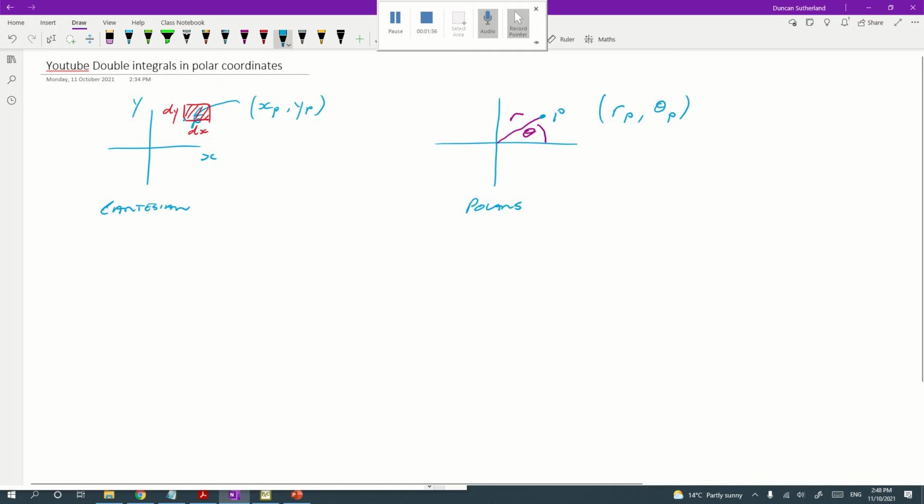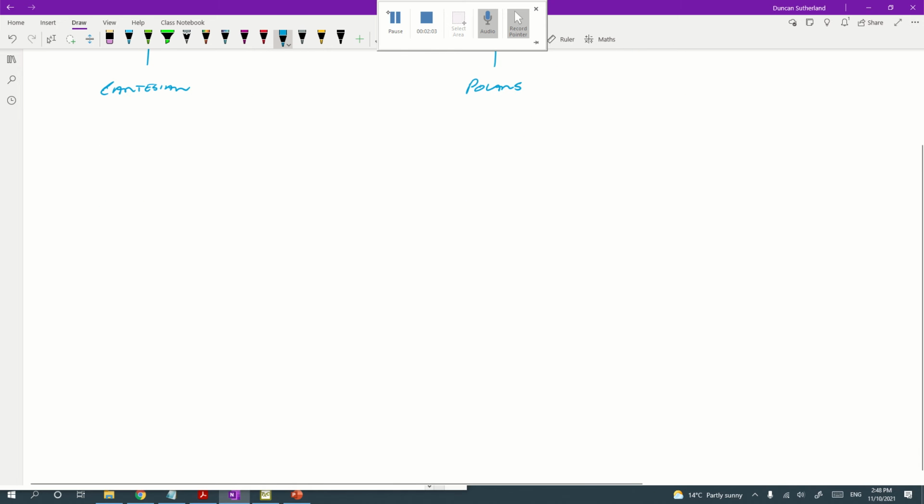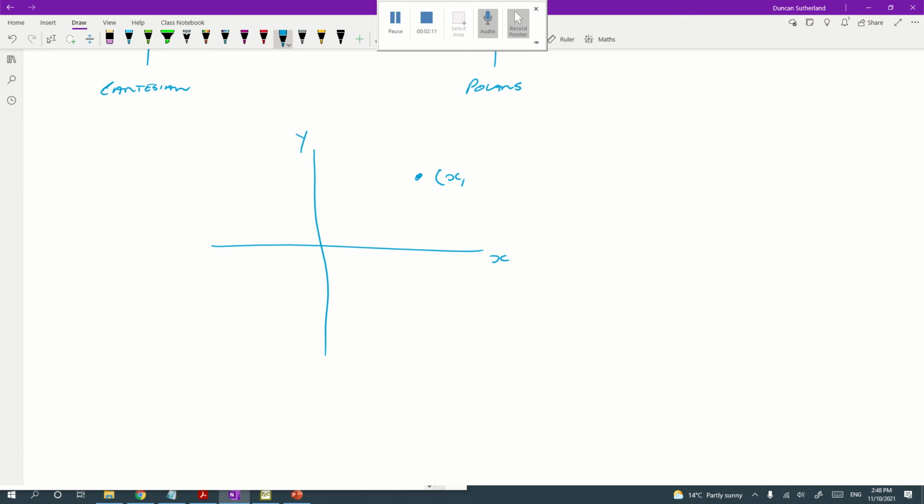Let's think about how we convert from Cartesian to polars. So let's draw out my diagram again, just a lot bigger. x, y. This is a Cartesian xP, yP. So let's draw in the radius, r.